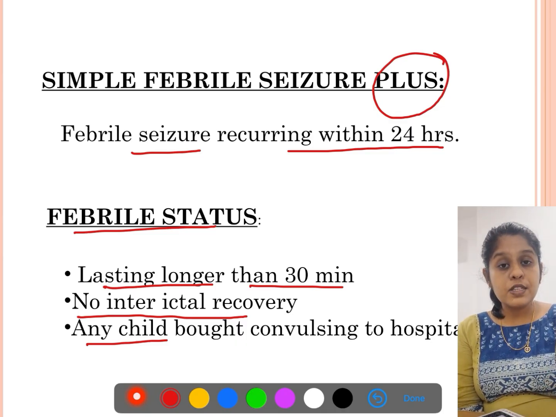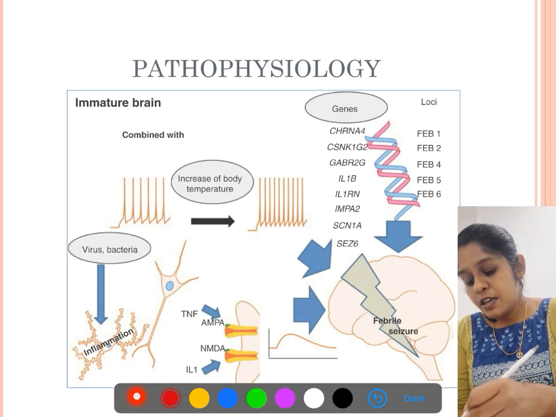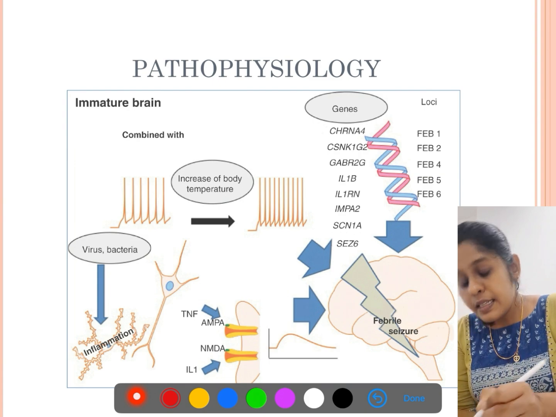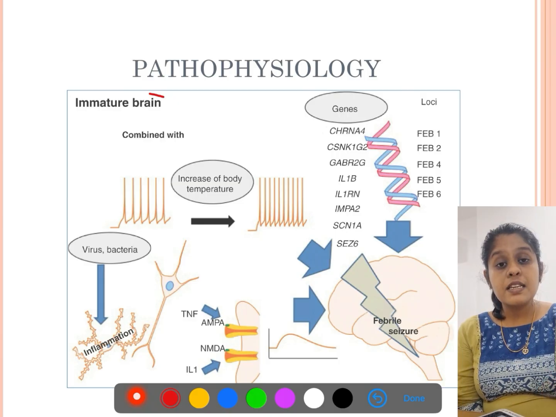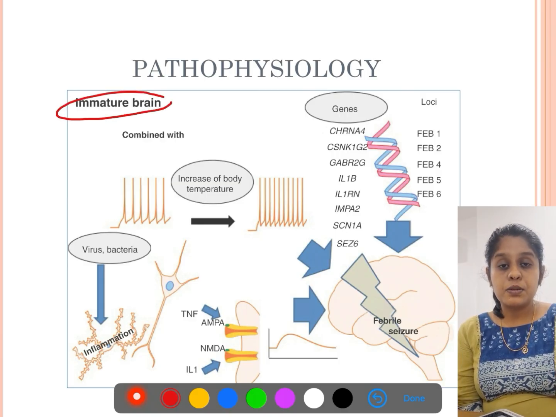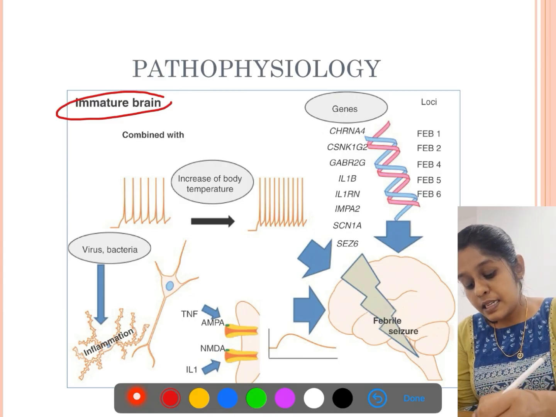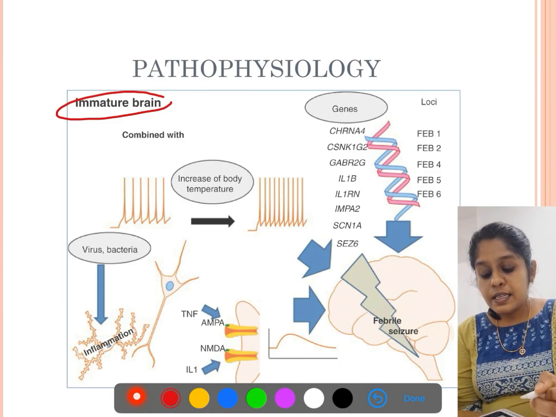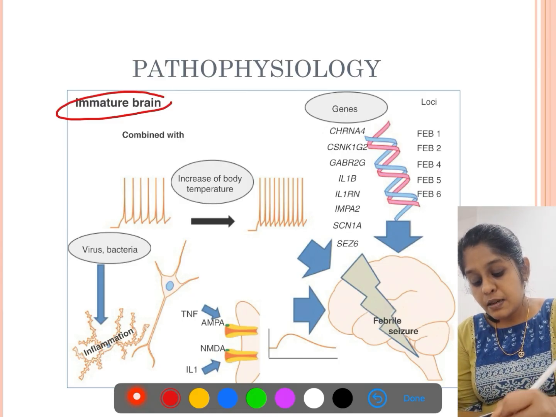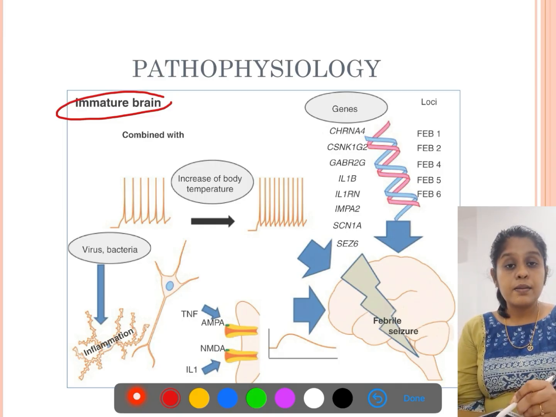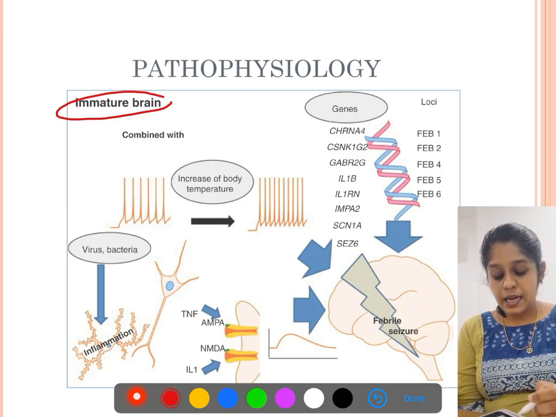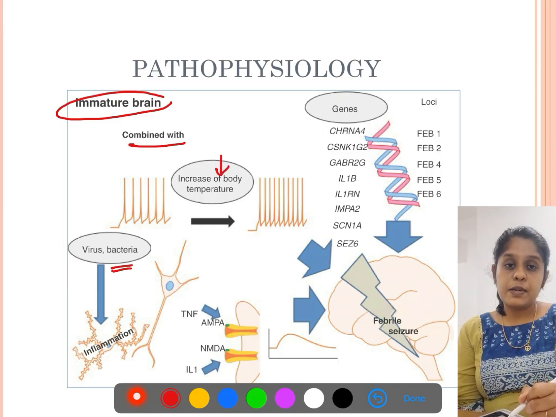Coming to the pathophysiology of febrile seizure, we know that infants have an immature brain, especially children up to 5 years, whose brain is in a state of rapid growth. So a child less than 60 months has an immature brain, which is combined with an increase in body temperature caused by viruses and bacteria. They cause inflammation.